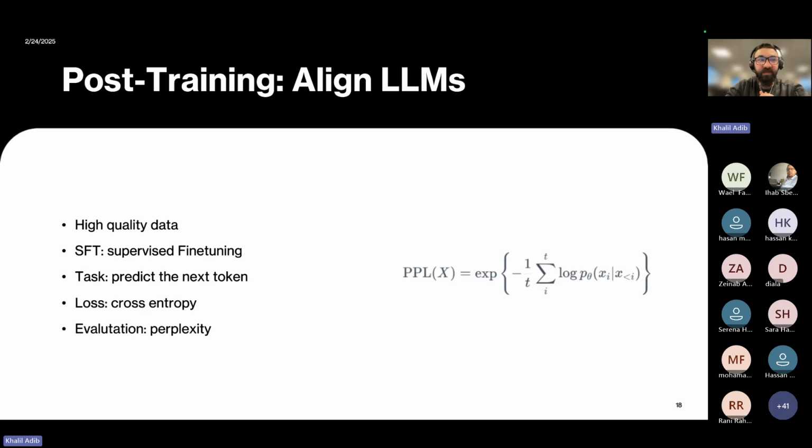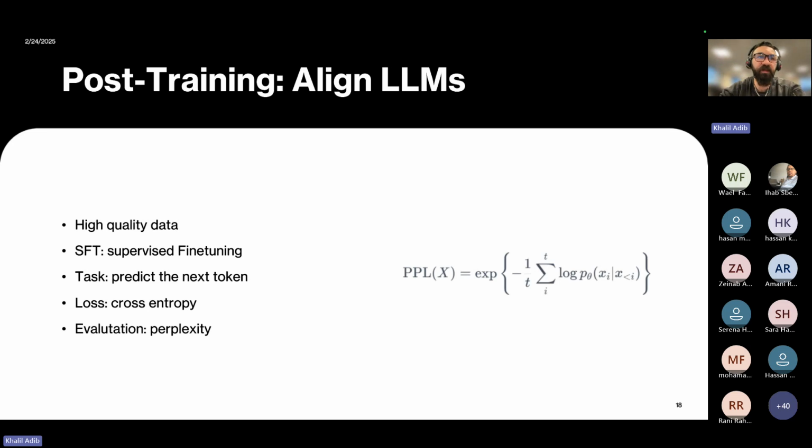One difference is that the data used here is high quality data, which means humans are actually evaluating this data, while on the pre-training side there is no human checking. Obviously they do filtering, but there is no person going to check each line of the datasets, right?